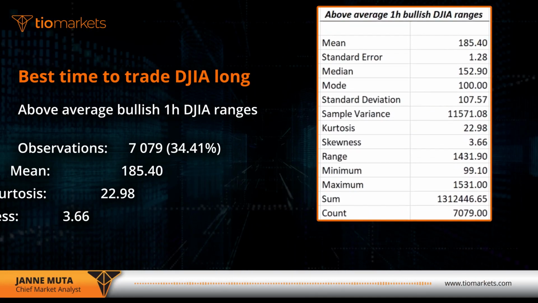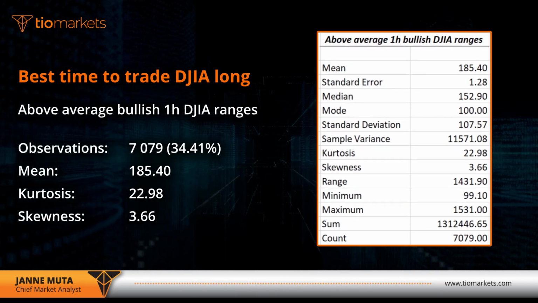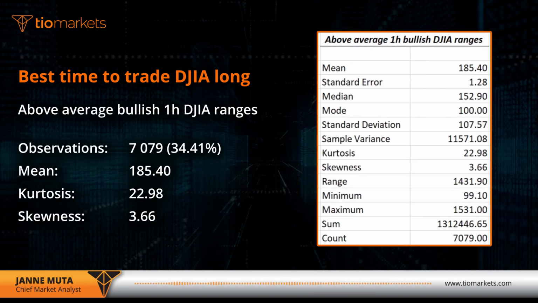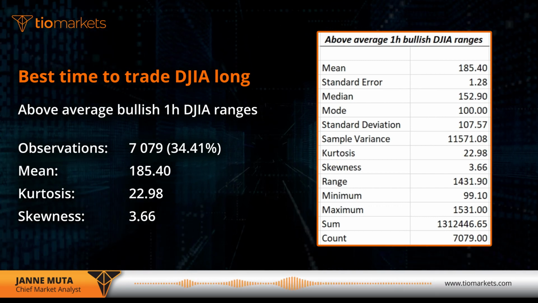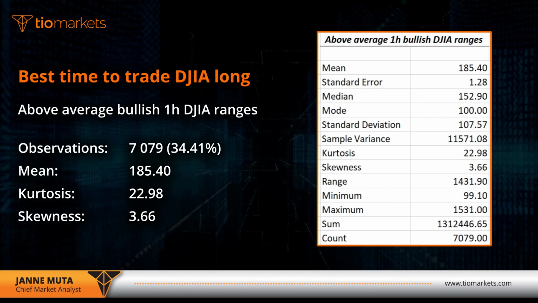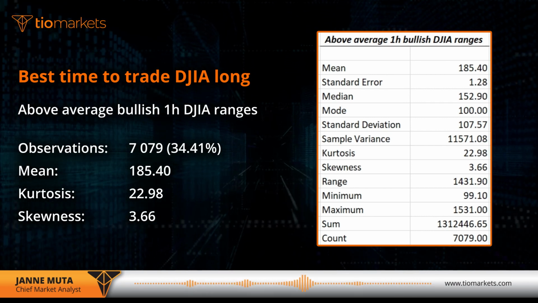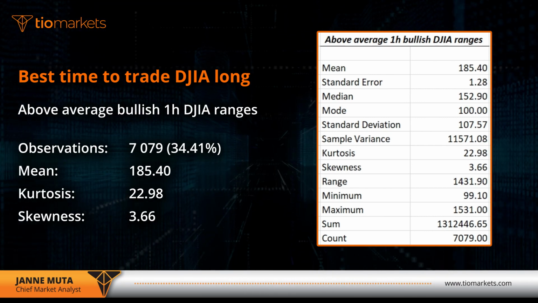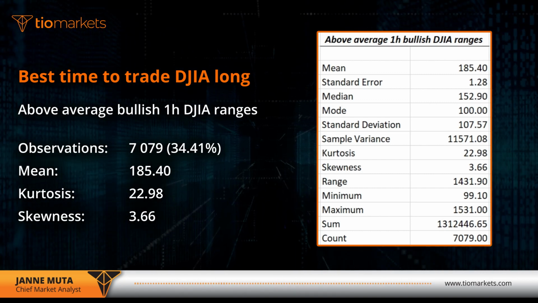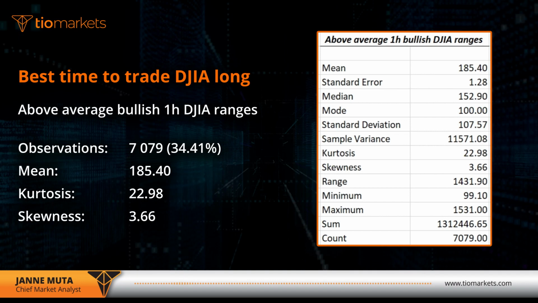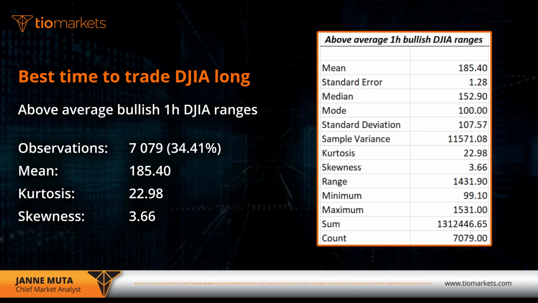Now, here we have the descriptive statistics for above average 1 hour bullish ranges. And already you can see that, okay, we only have 34% of the data here, but the average move is as high as 185 index points.